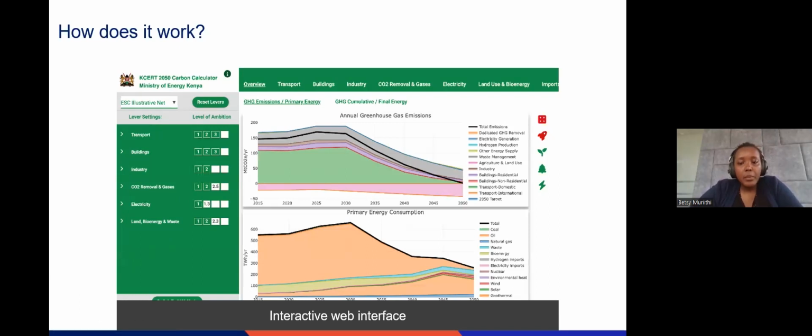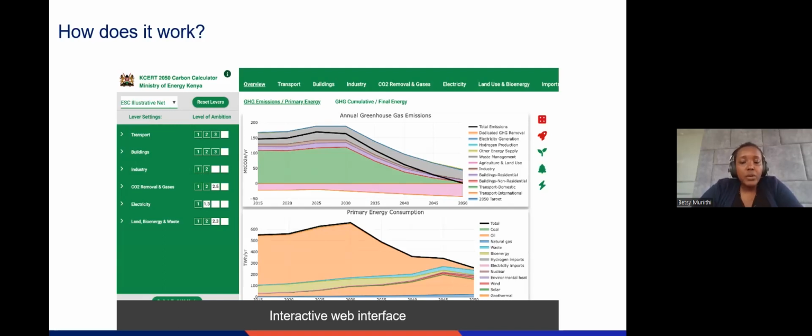For example, under transport, you'd have levers for increasing the use of public transport, reducing the use of combustion engines towards more electric vehicles, etc. In our case we had 39 levers, which aggregate a total of 166 sub-levers. These levers adjust either lifestyle or sectoral decarbonization strategies.